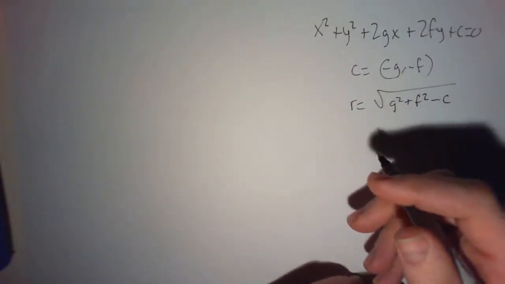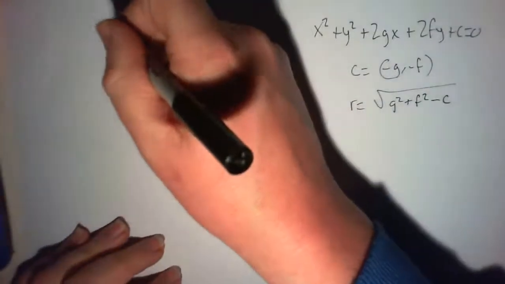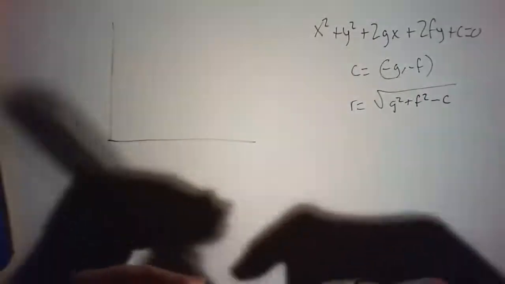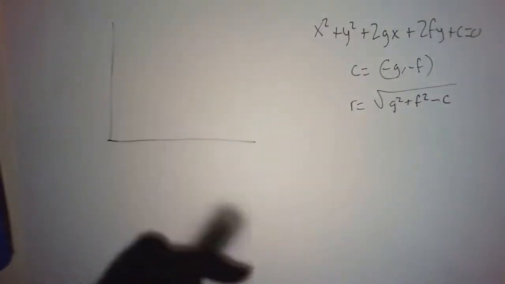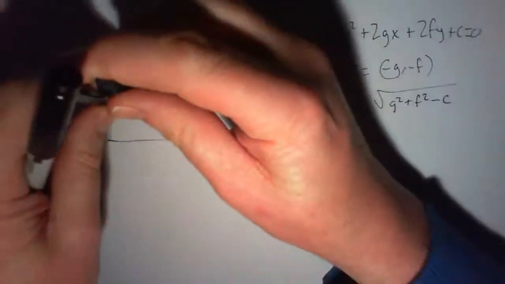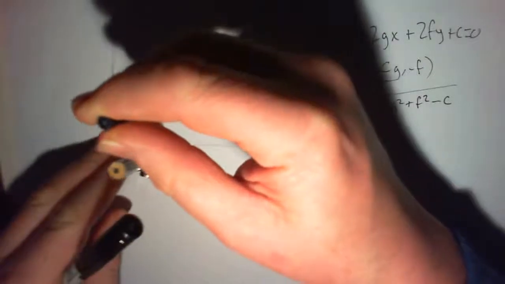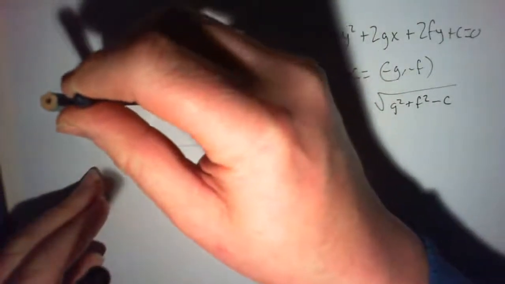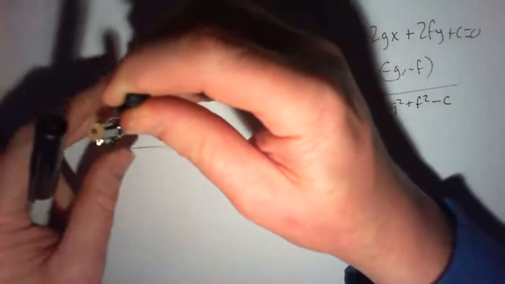Oh, here's a nice one. Let's say we have a circle, and here's the x and y axis. The circle touches both axes like that.